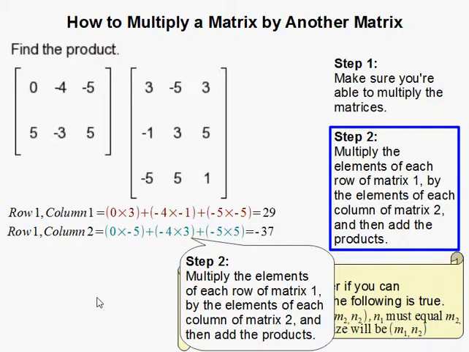Row 1, column 2 would be 0 times negative 5, since we're at the second column, then negative 4 times negative 3, and so on. So we got negative 37, and so on.